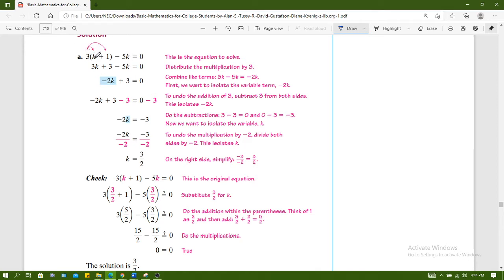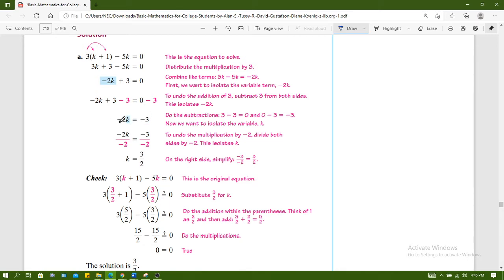So, 3 times k is 3k, 3 times 1 is 3. Copy the minus 5k equals 0. So, you have now negative 2k plus 3 equals 0. So, what should be the next step? Since this is addition, you need to remove 3 from the left side and remove 3 from the right side. So, you get negative 2k equals negative 3.